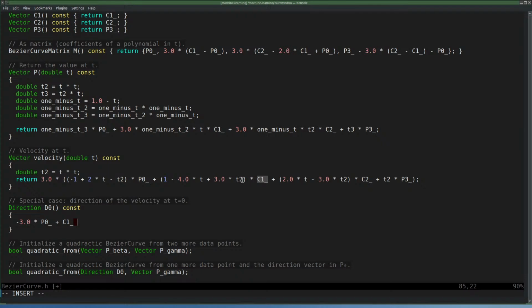This is 0, this is 0, this is 0, this is 0, and this is 0. So this is the velocity at t equals 0. And then I need to get the direction from that.